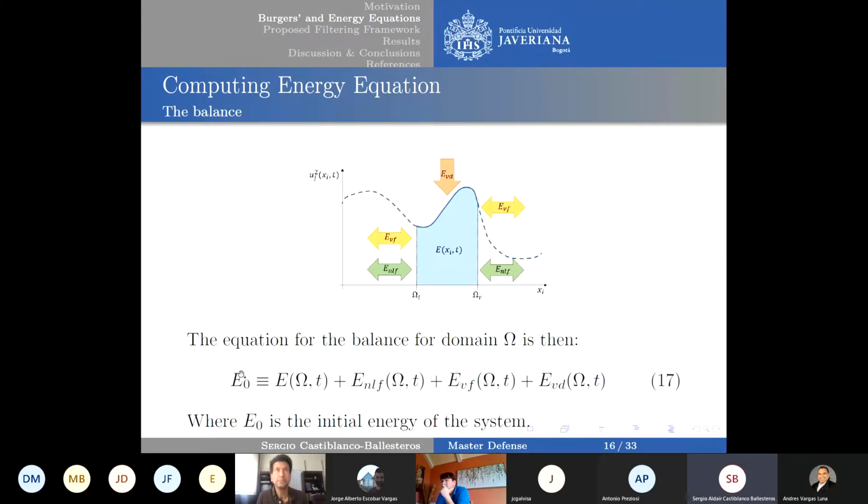E sub 0, the initial energy of the system, must be equal to the actual energy of the solution at some time t, plus the accumulated energy that has flowed due to the nonlinear term up to a time t, plus the accumulated energy that has flowed due to viscosity up to a time t, plus the accumulated energy that has been dissipated up to some time t. And this graph represents every term conceptually for a domain omega.